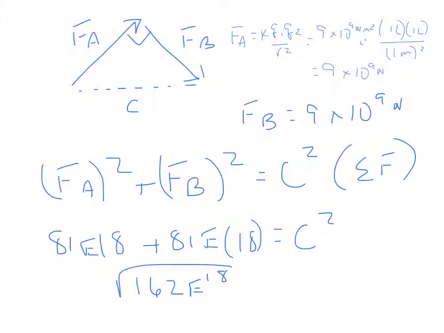So the square root of that is equal to C, and that's going to be newtons. Square root of 162 is about 40. So 40 times 10 to the 9th, if I did my math right. But you get calculators, you can check it.